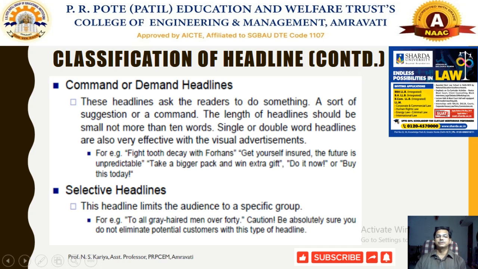Be absolutely sure you do not eliminate the potential customer with this type of headline. Once we are taking such selective headlines, be sure about that. Your targeted group of customers can be only those customers to whom you are going to transmit this message. Otherwise this form of communication would not be effective in the majority of cases.